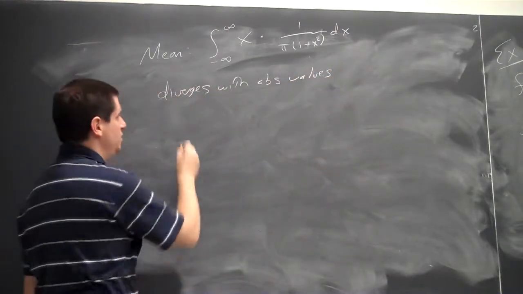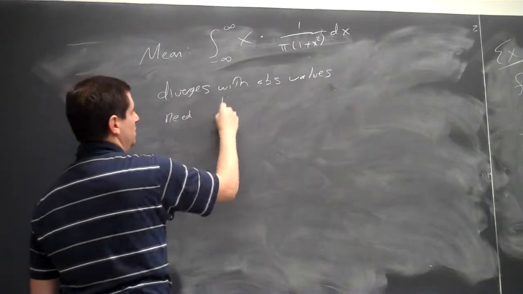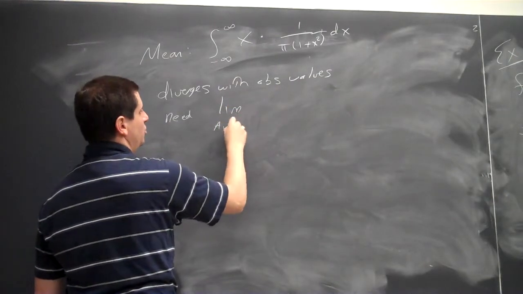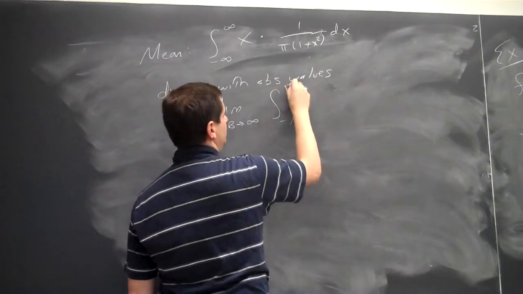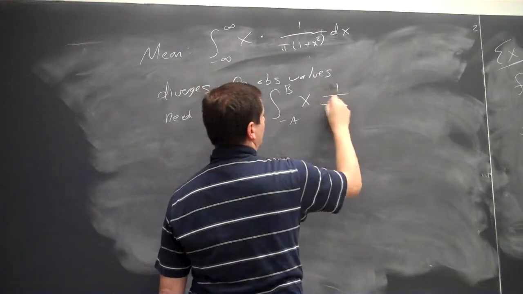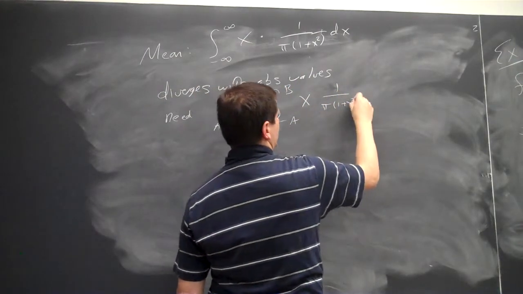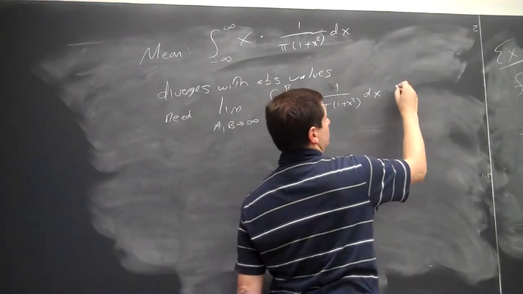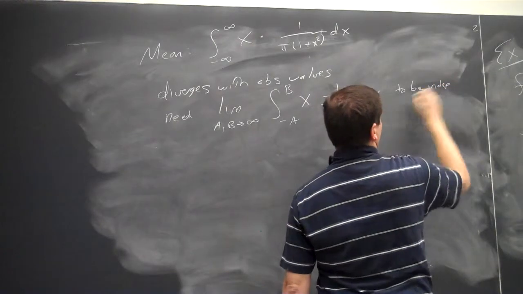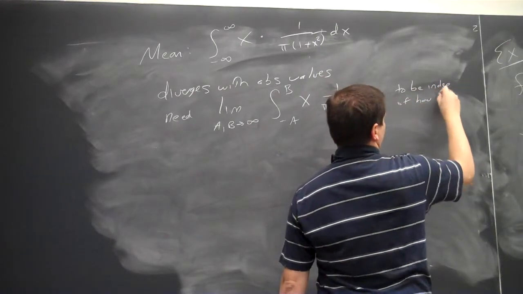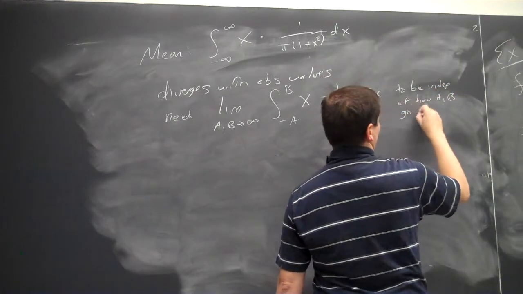For an integral to make sense, we need the limit as a and b go to infinity in any way they want, the integral from minus a to b of x times 1 over pi 1 plus x squared dx, to be independent of how a and b go to infinity.